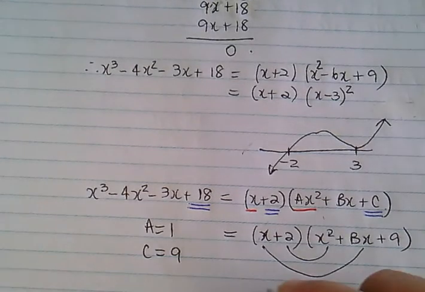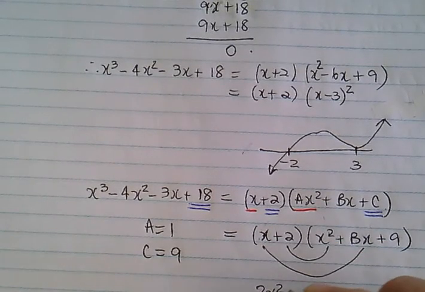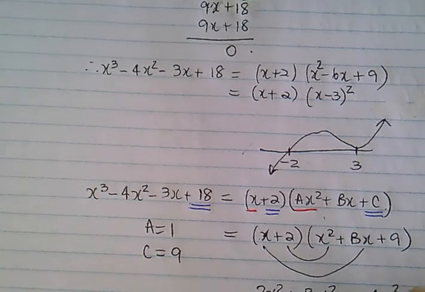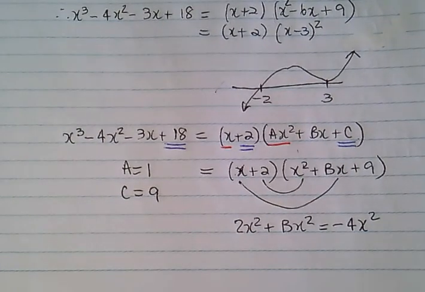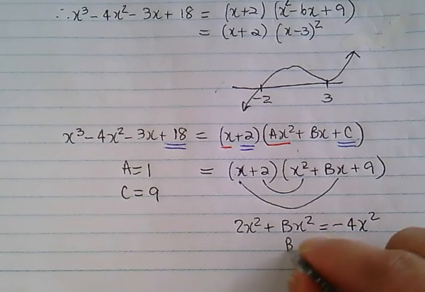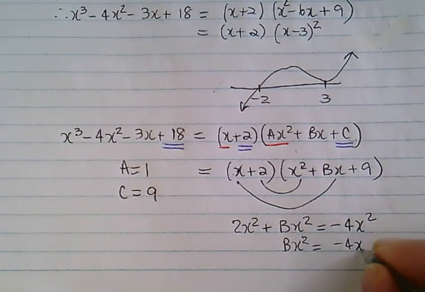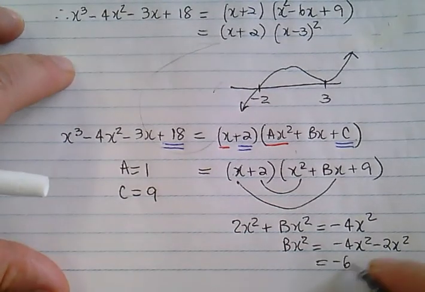So my x squared terms are coming from 2x squared plus bx squared, which is negative 4x squared. You can see what it is now. So bx squared is negative 4x squared minus 2x squared, which is negative 6x squared.